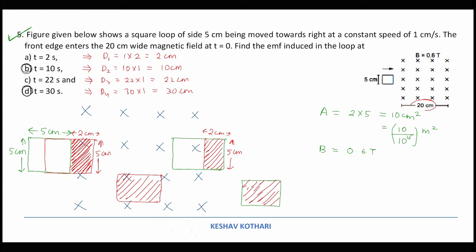And the change is taking place in both cases in a 2-second duration. The effective time is going to be 2 seconds, because at 22-second point till 20 second the value of flux change will be 0, and this area is introduced out of the magnetic field in 2-second time. So we will take the effective time as 2 seconds.